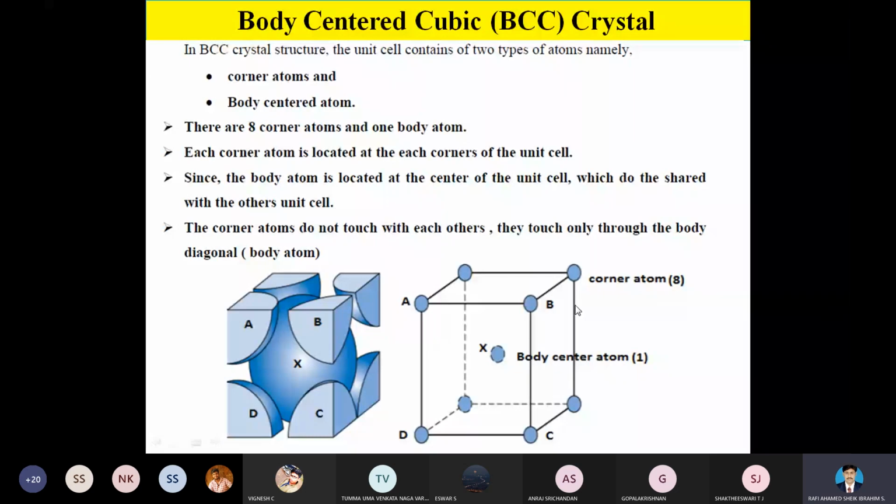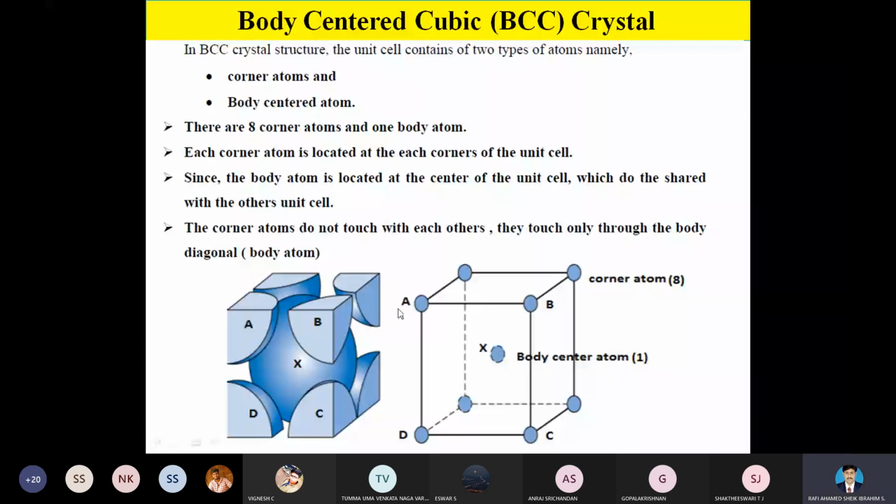If you take a big ball and place that big ball inside this tank, inside this cubical unit cell, that big ball is going to act as a body-centered atom. So we are going to have a single body-centered atom, and we are going to have 8 corner atoms. That is what we have shown here in this structure.